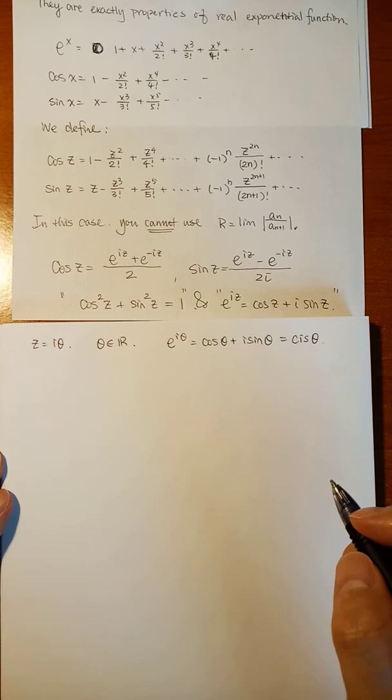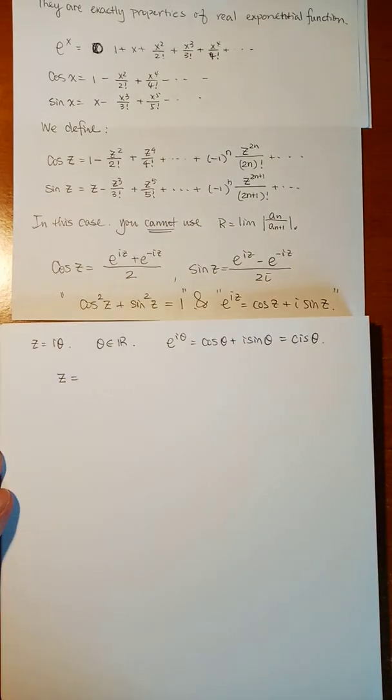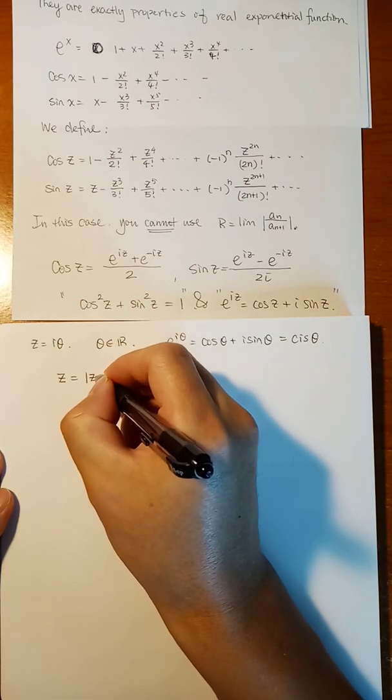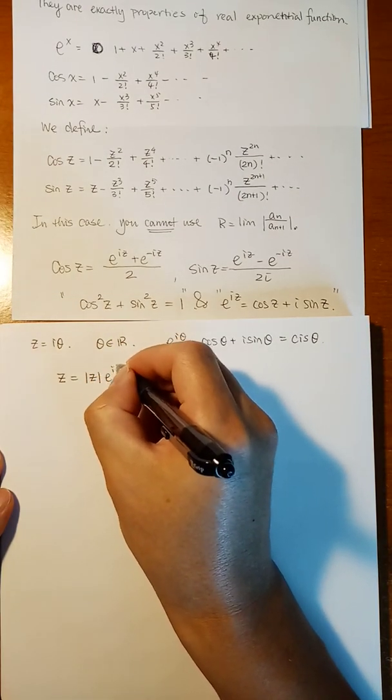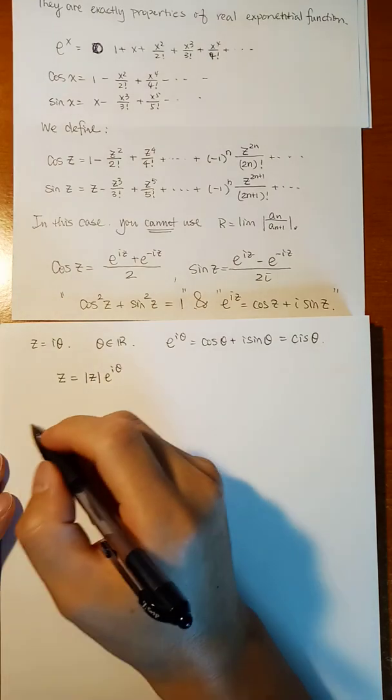Okay? And if you have a complex number z with modulus r, it is r e to the i theta.